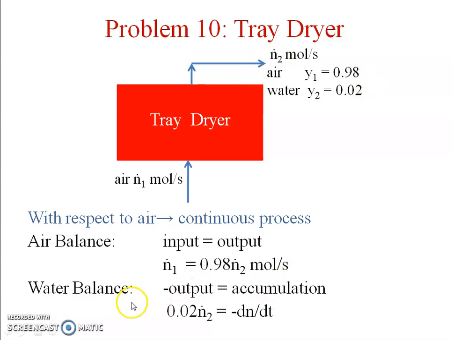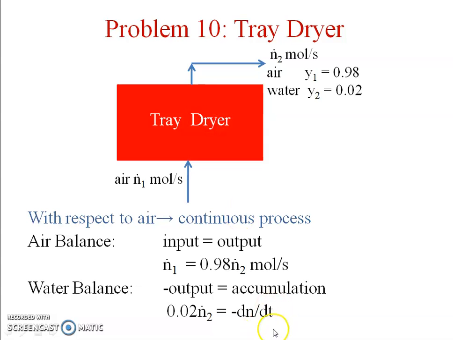Now if I take the water balance, just like in the previous example that I have done, go and see that again. My general balance equation and differential balance reduces to minus output is equal to accumulation. Minus output is 0.02 into N2 dot, that is mole fraction into the molar flow rate, and that is equal to the rate of change of number of moles within the unit.